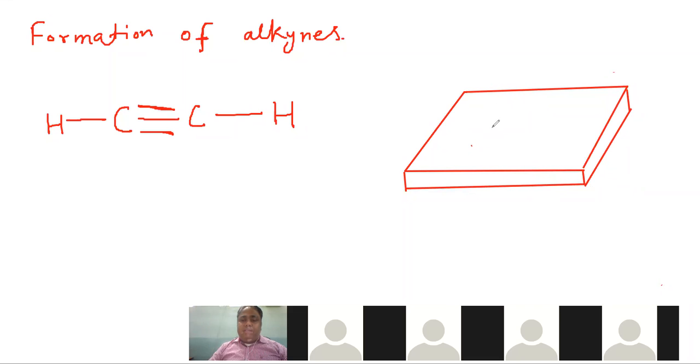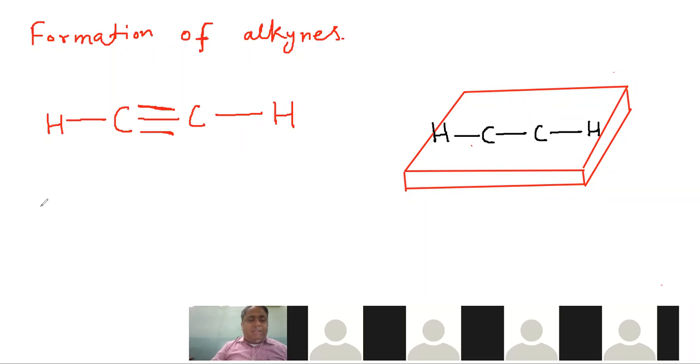If one carbon is here, another carbon is here, one hydrogen is here, and one hydrogen is here, it is forming sp hybrid orbital.